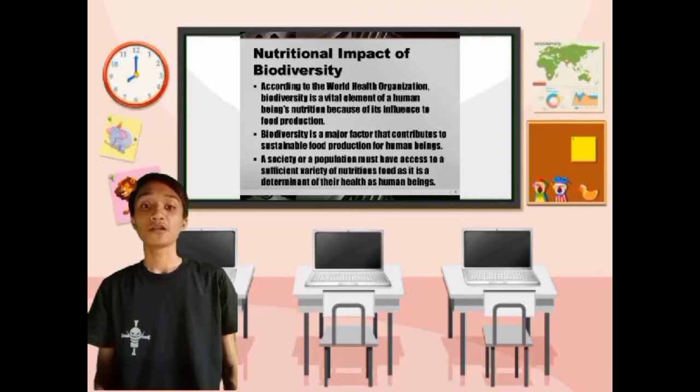According to the World Health Organization or WHO, biodiversity is a vital element of human beings' nutrition because of its influence to food production. Biodiversity is a major factor that contributes to sustainable food production for human beings. A society or a population must have access to sufficient variety of nutritious food as it is a determinant of their health as human beings.